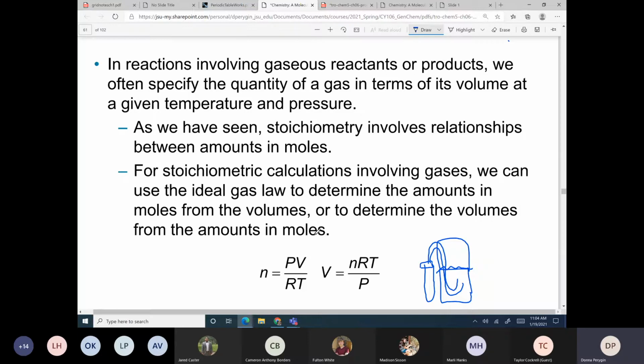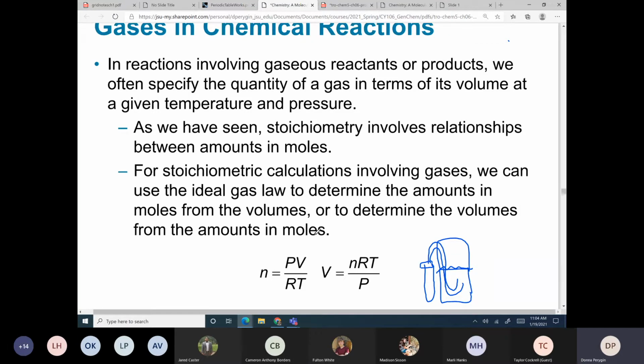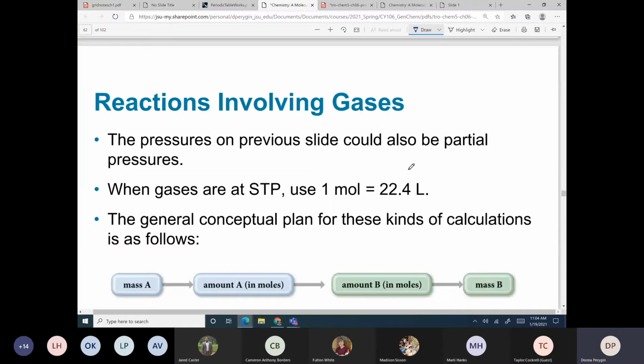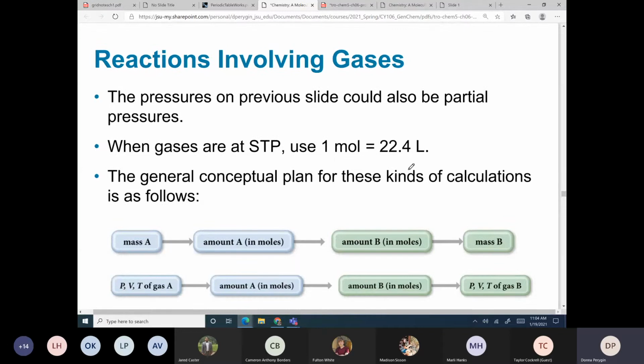So from the number of moles, we can basically get the volume of the gas that was evolved, or from the volume we can get the number of moles and that sort of thing. We'll look at how that's done in a few minutes. I'll probably come back and do some calculations at the end.